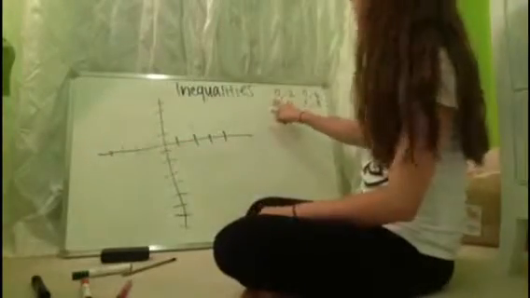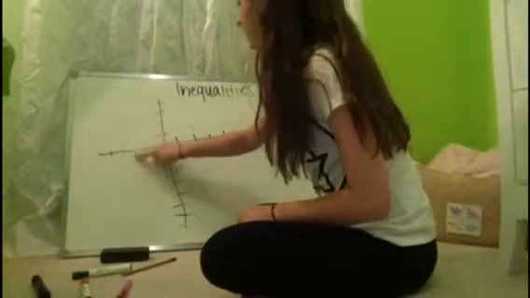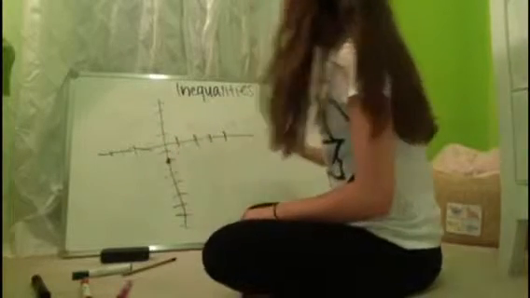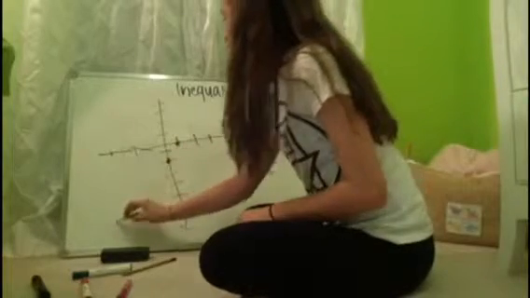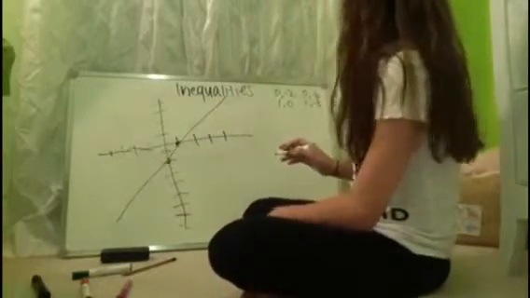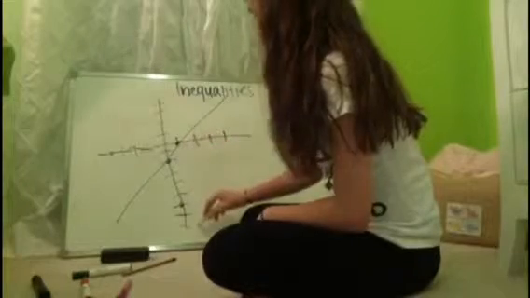So the first plot is 0, negative 2, and 1, 0. So there's your first line. And then your second is going to be 0, negative 6, and 1, negative 8. So there's your second line.